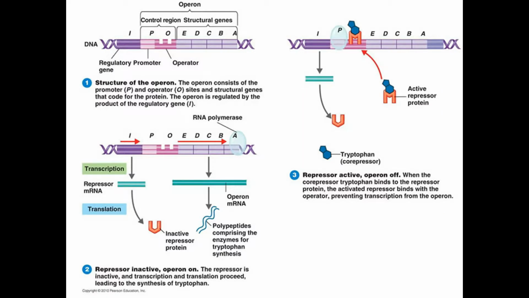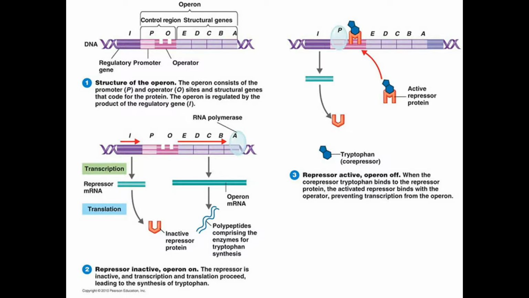Again, this is just going back over the structure of an operon, showing you the regulatory gene, the control region, the structural genes, and how operons can be turned on and turned off. You have a repressor protein.